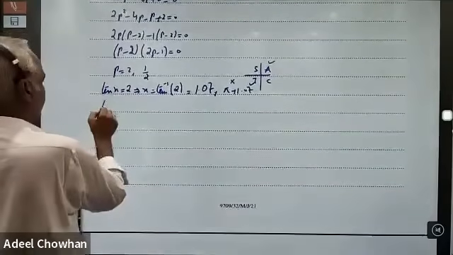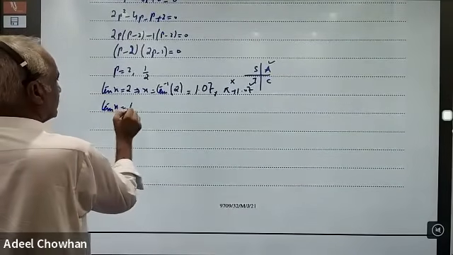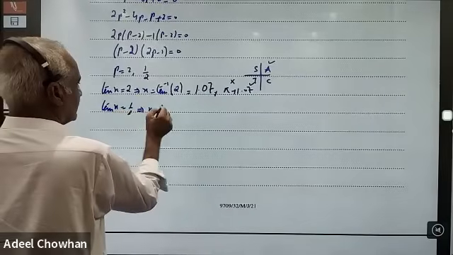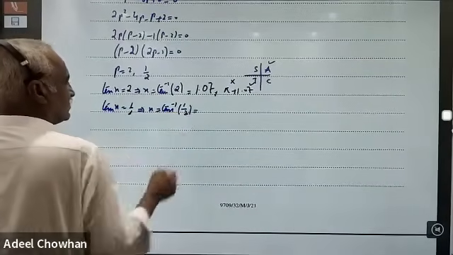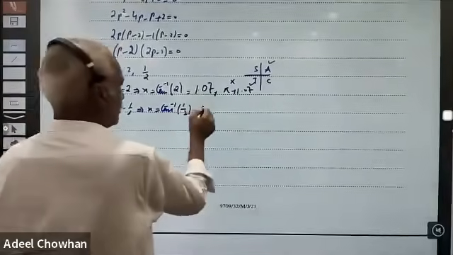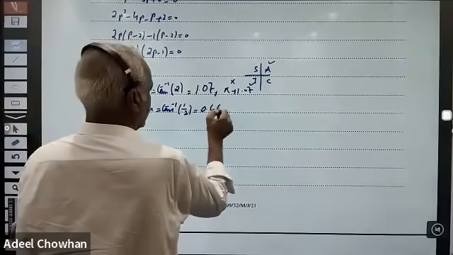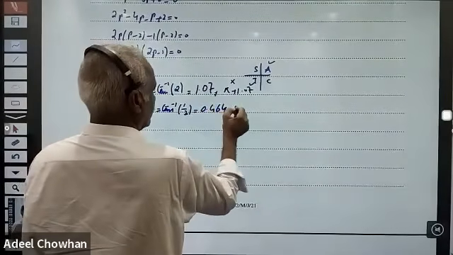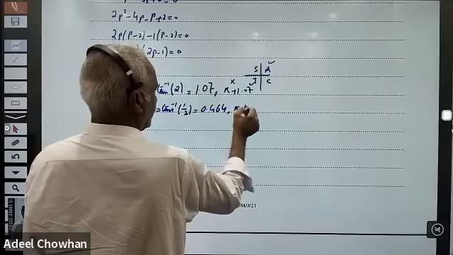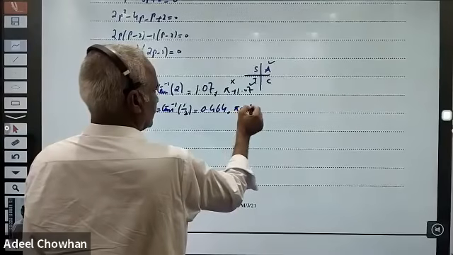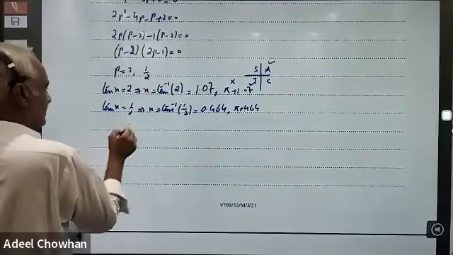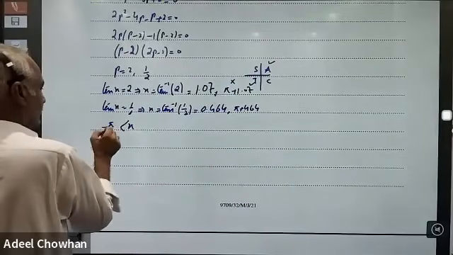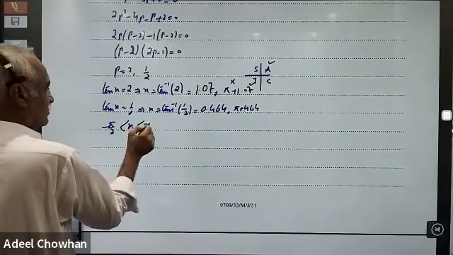So tangent of x is equal to half, then x is equal to tangent inverse of half, and that value is equal to 0.464. Another value is pi plus 0.464. So the actual value of x, because x lies between minus pi by 2 to plus pi by 2.